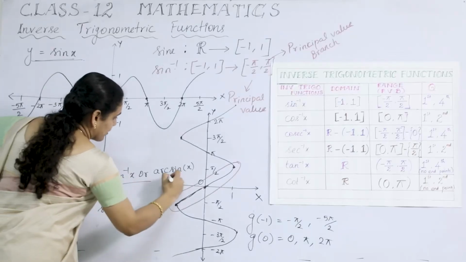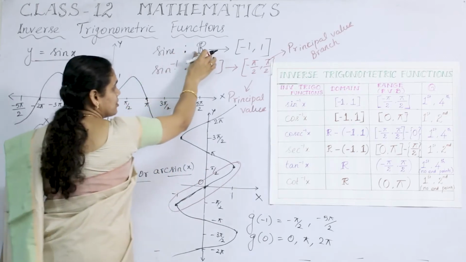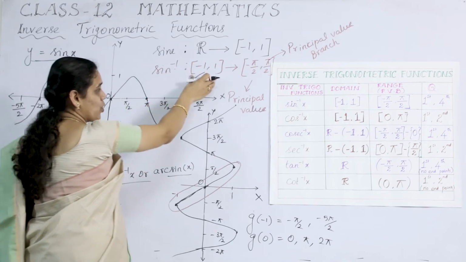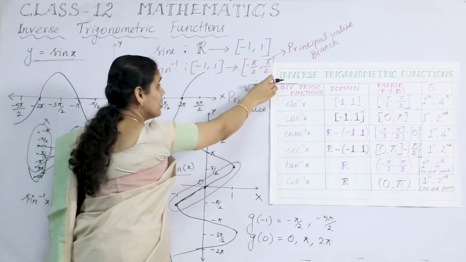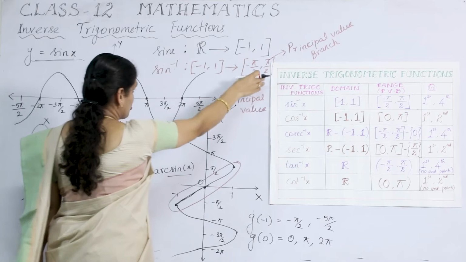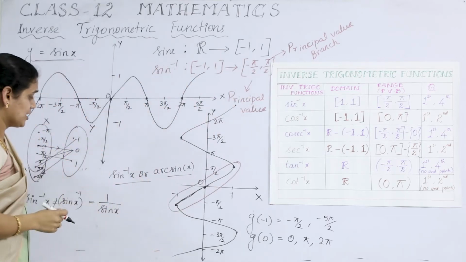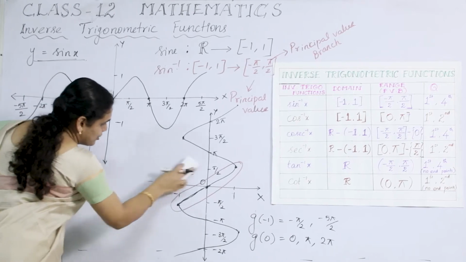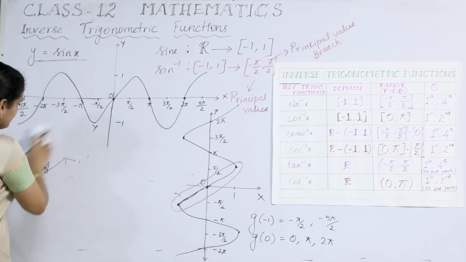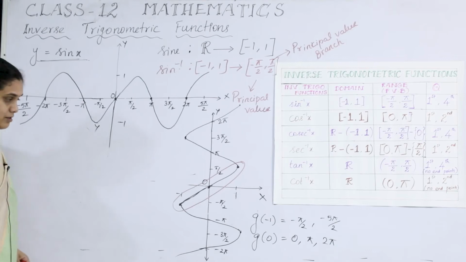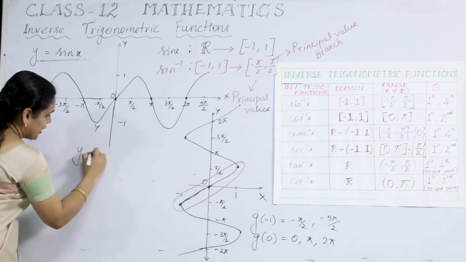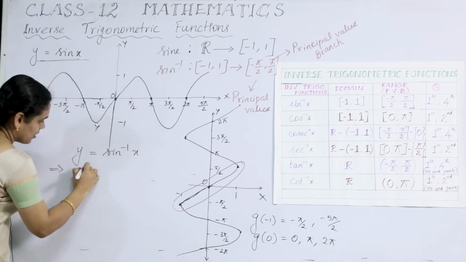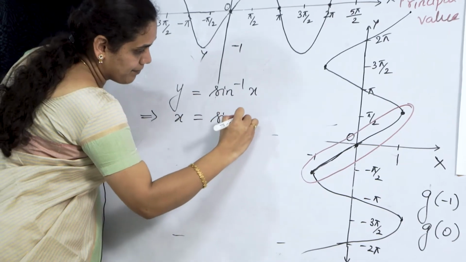All right. So now sine is defined from the real numbers to minus 1 comma 1, and sine inverse is defined from minus 1 comma 1 to minus pi by 2 comma pi by 2. So this is the range of sine inverse. Then from the definition, suppose you take y equal to sine inverse of x, then we can write x equal to sine y.